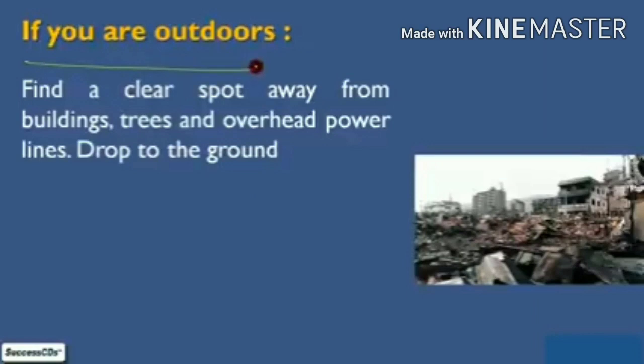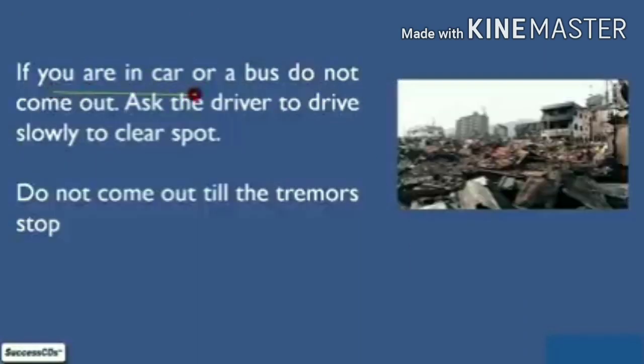If you are outdoors, suppose you are not at home, you are outside of the home, what do you have to do? Find a clear spot away from buildings, trees and overhead power lines. If you are in a car or bus, do not come out. Even ask the driver to drive slowly to a clear spot.